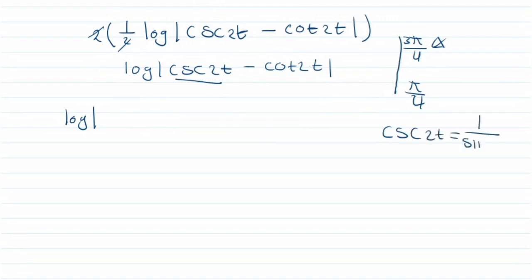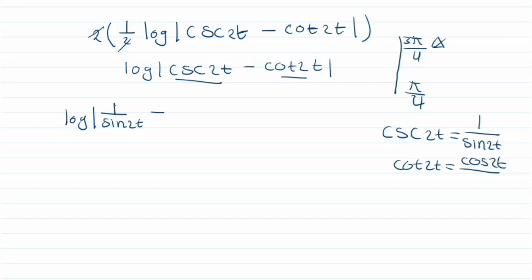So we can replace it with 1 over sine 2t minus, for cot, we know that it's the inverse of tan. So cot 2t is equal to cos 2t over sine 2t. We're going to replace this one also, so we'll have cos 2t everything over sine 2t.